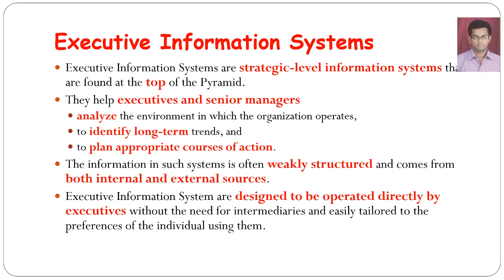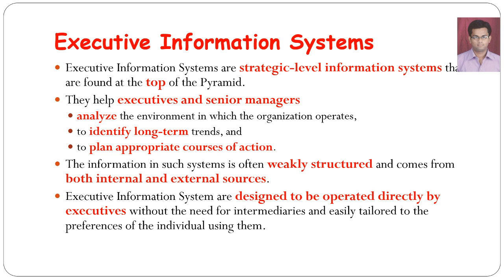Next, let's talk about the peak of the pyramid in the form of executive information systems. Executive information systems are strategic level information systems that are found at the top of the pyramid. They help executives and senior managers analyze the environment in which the organization operates, identify long-term trends, and plan appropriate courses of action.